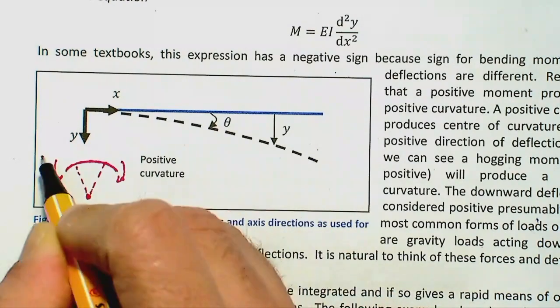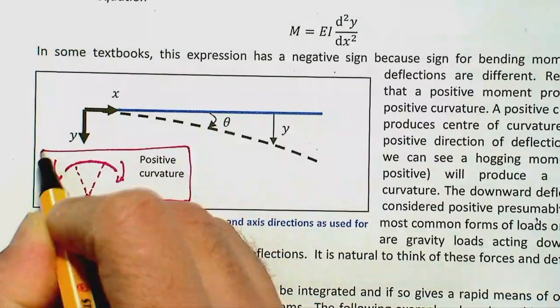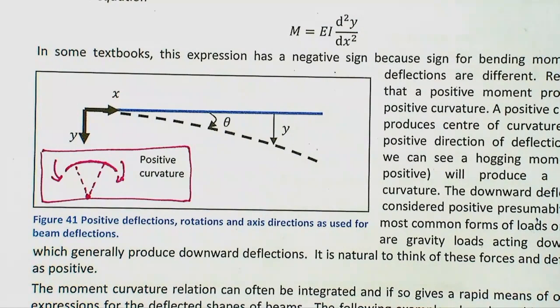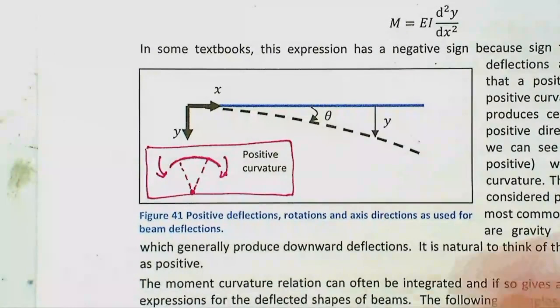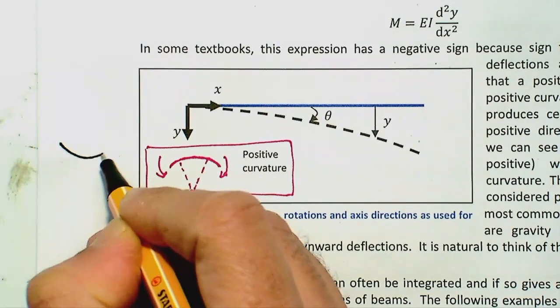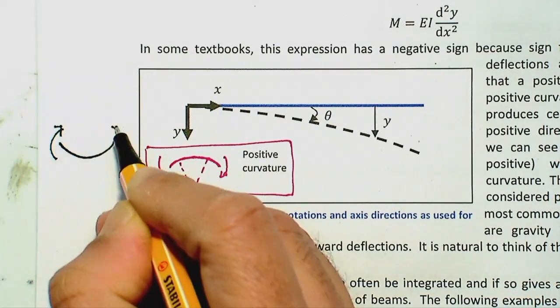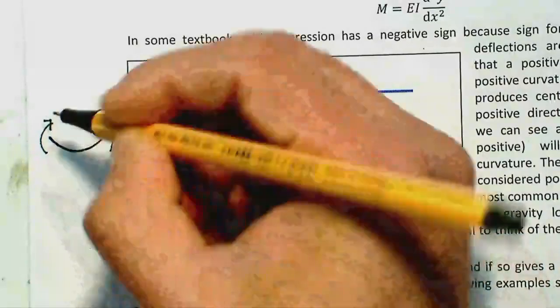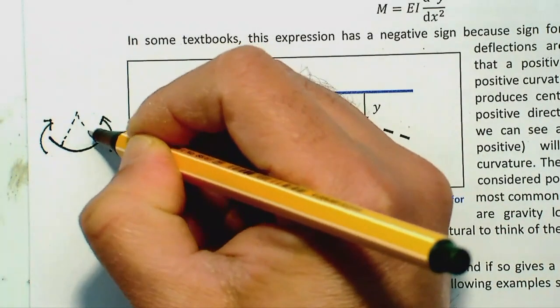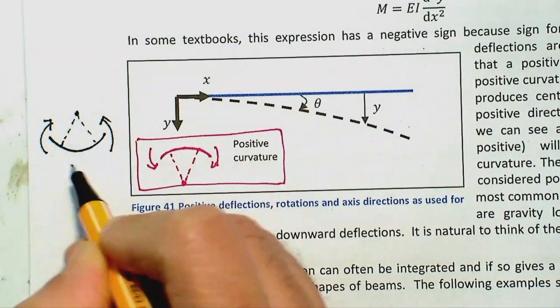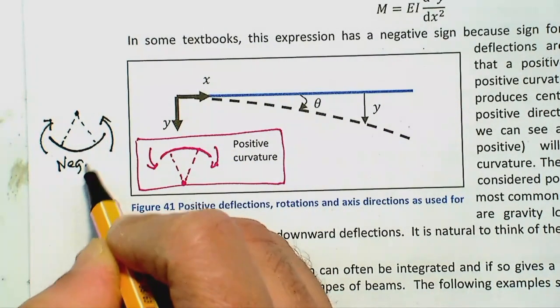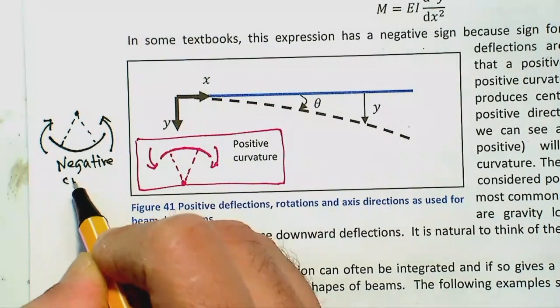This is positive moment from our sign convention, so that is positive curvature. Now if the beam is bent that way, for example due to a moment in the opposite direction, the center of curvature would be in the negative y direction. So this is negative curvature.